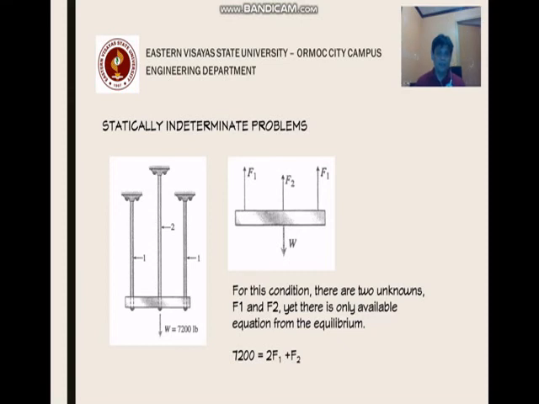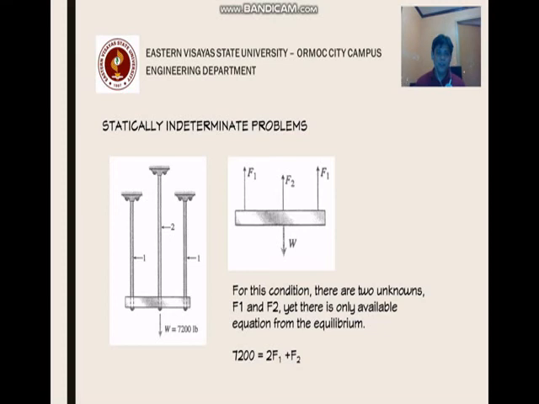Okay, so applying now the equilibrium equations. We have the weight directed downwards, and the force F1 represents the reaction of support 1 and F2 represents the reaction at support 2. So by looking at the free body diagram, we can say that the weight, which is equivalent to 7,200, is equal to 2 F1, since we have 2 supports 1, plus F2.